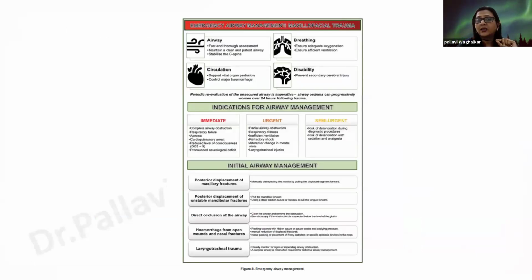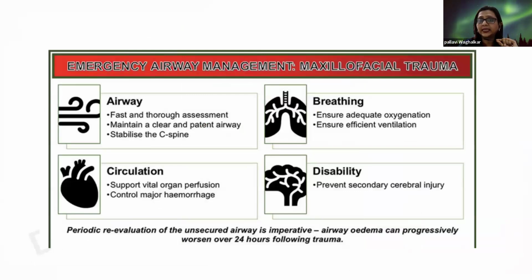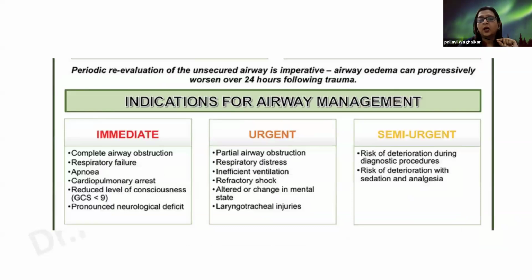So that's the approach to emergency airway management given in the WFSA article, which includes the ABCD examination. They mentioned that periodic reevaluation of an unsecured airway is imperative because airway edema can progressively worsen over 24 hours following the trauma. So you have to do reassessment in these cases.